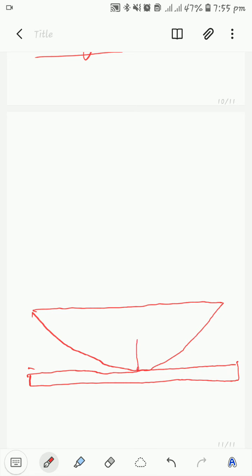Suppose that from this point O, let this point be O, until here this point M, this is the radius of curvature.